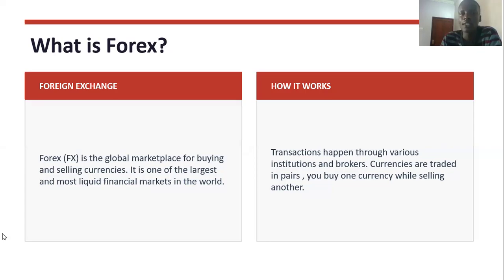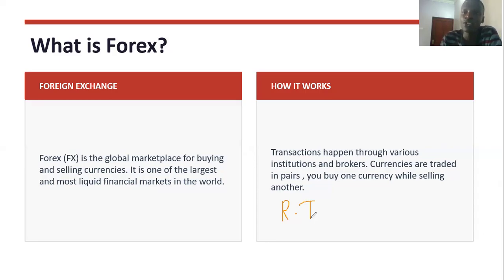So the question is, how does it work? Forex works in a way that there are many market participants. We have retail traders, abbreviated as RT, and we have the institutions. Retail traders are you as an individual. You put in your money and invest within the market, as various individuals.